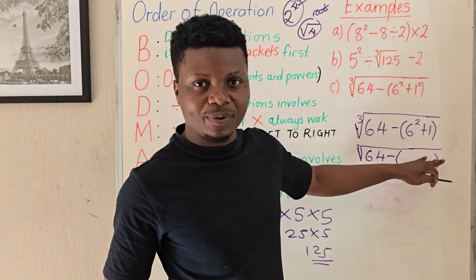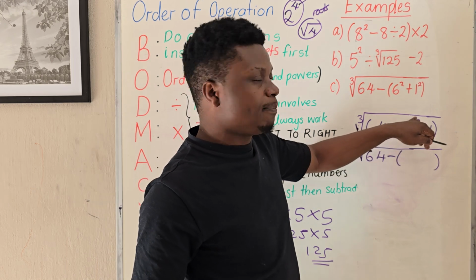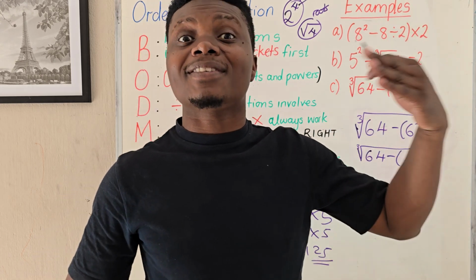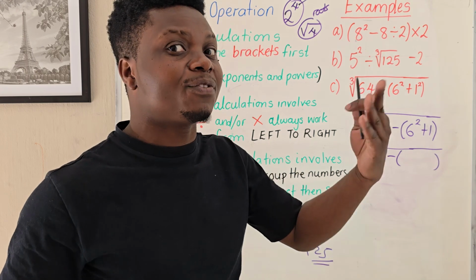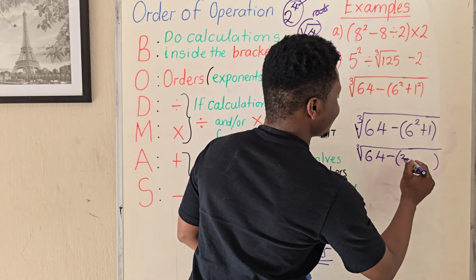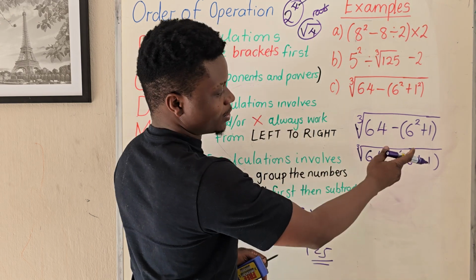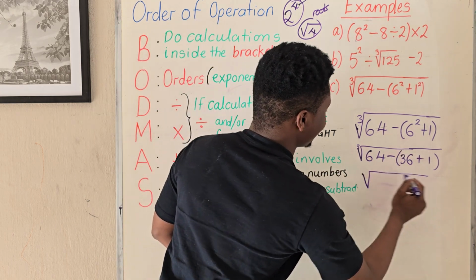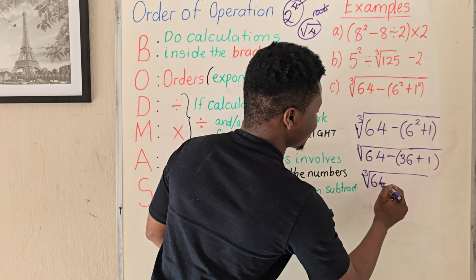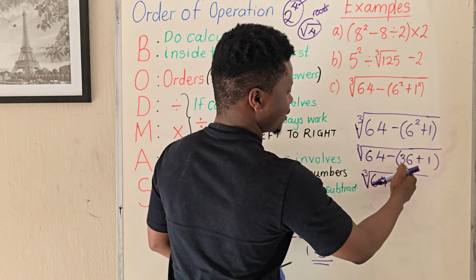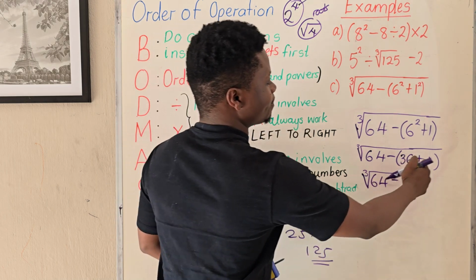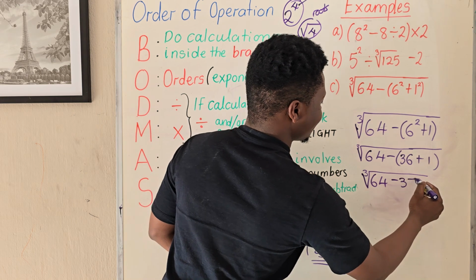Now I'm sure you know that 6 to the power of 2 means 6 times 6. You have to multiply 6 by itself 2 times, which is 36 plus 1. And now I still have brackets. I have to simplify what's inside the bracket, which is 36 plus 1, which is 37.